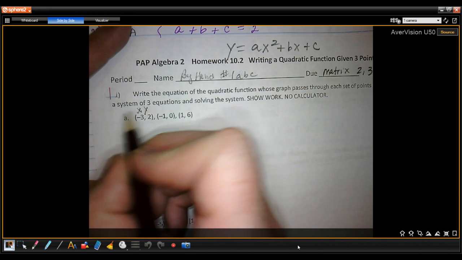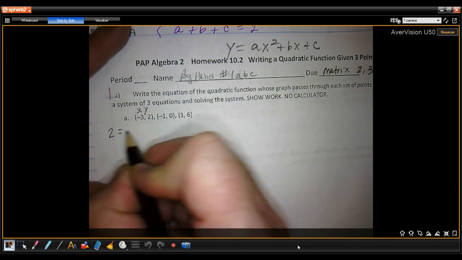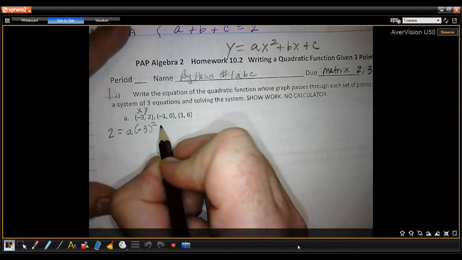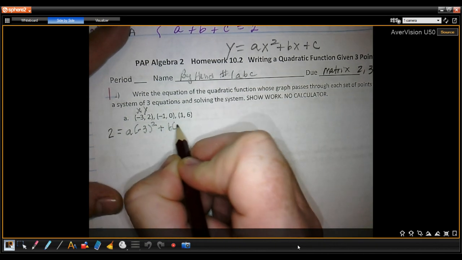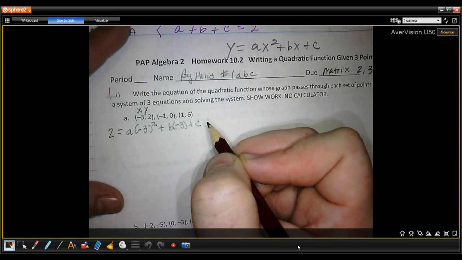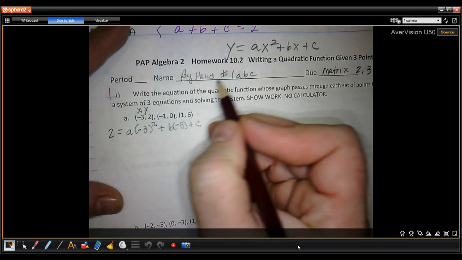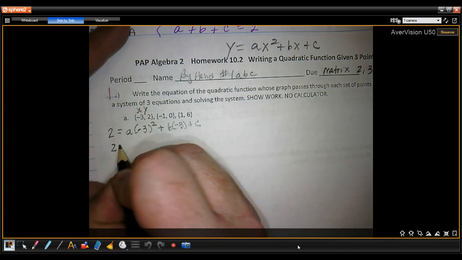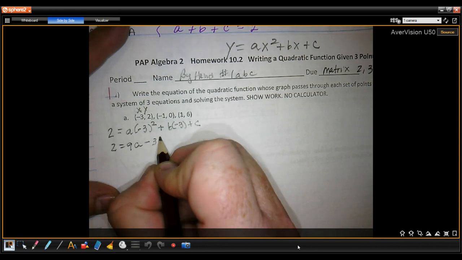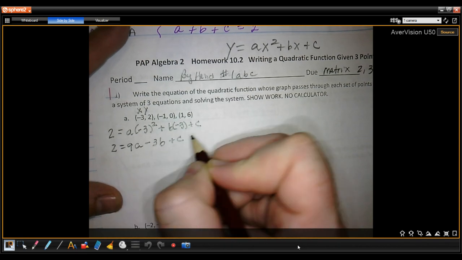I see a y, so I'm going to plug in 2 for y. Negative 3 squared plus b times negative 3 plus c. You're plugging in your x where you see an x and y for y. So 2 equals 9a minus 3b plus c.